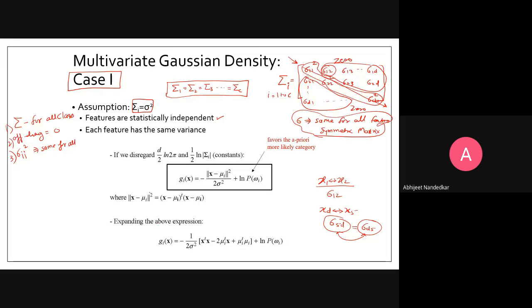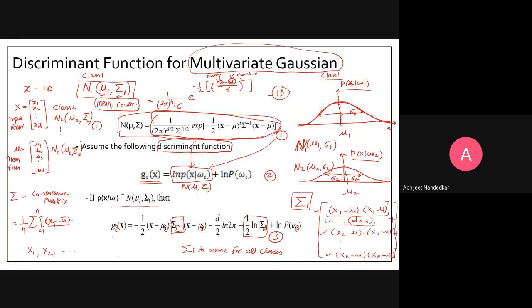Right now we will try to simplify this equation number 3. In equation number 3, I can throw away this quantity which is common to all. This quantity, half log of the mod of sigma, is the same because this sigma is the same for everybody, so I can throw this quantity.